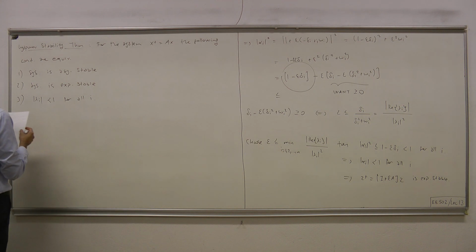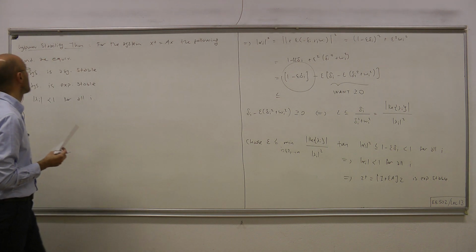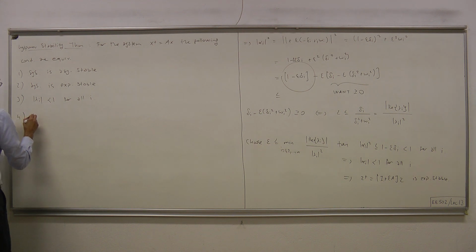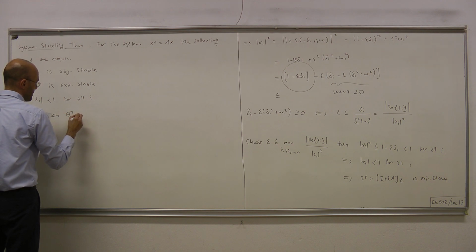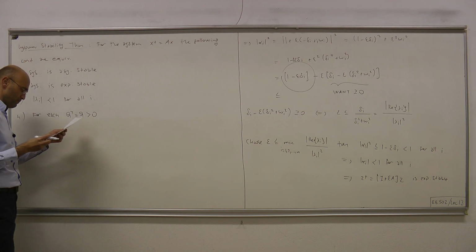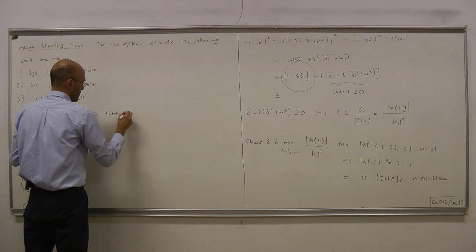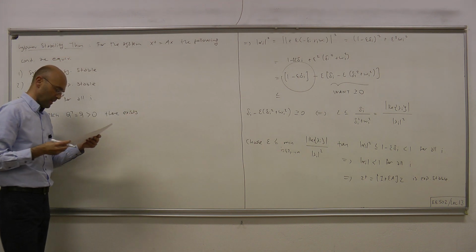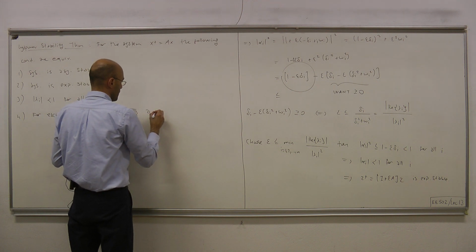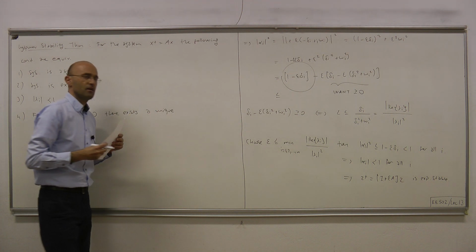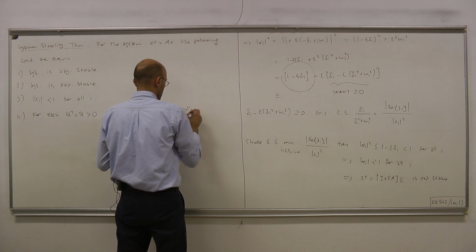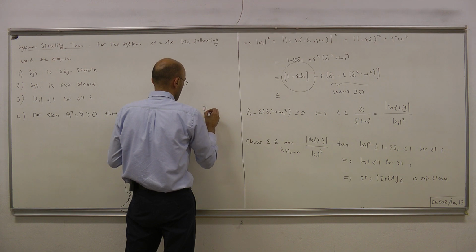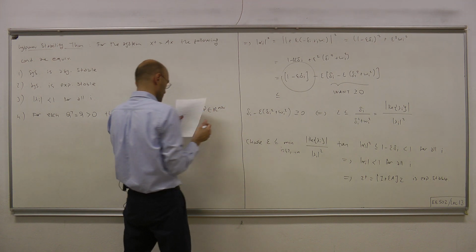Okay, and now we have the Lyapunov characterization part of our theorem. For each symmetric positive definite matrix Q, we can find another matrix P in R n by n, which is the unique solution to the following equation.